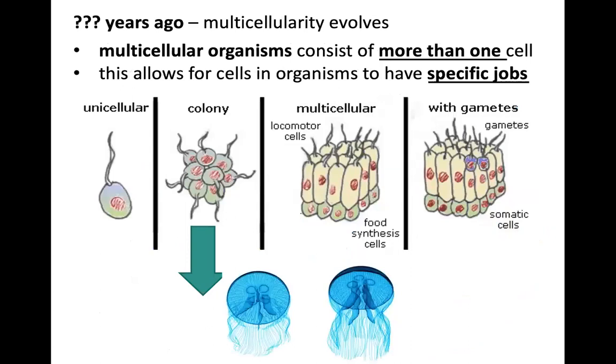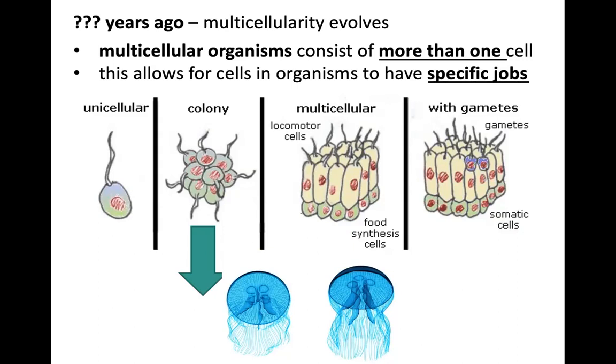Once this happens, now we have multicellularity. Multicellular organisms obviously have more than one cell, and we're used to talking about bacteria, which are single-celled organisms. So now cells have specific jobs. We have all these cells in our body that now have all these specific jobs.